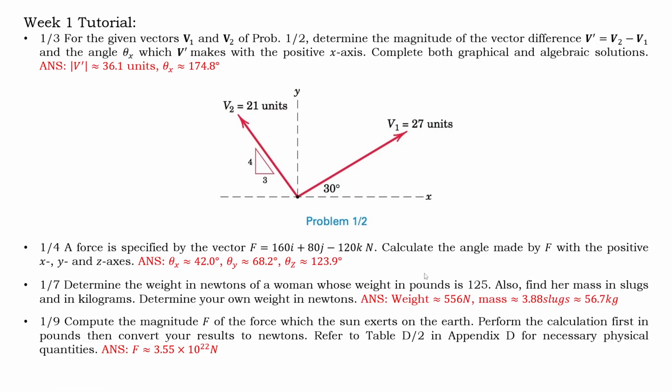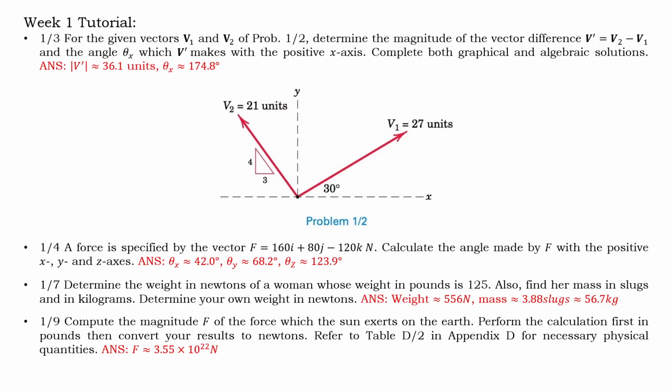There's a formula in your book. When you want to convert the weight from pounds to newtons, use the conversion factor of 4.44822.